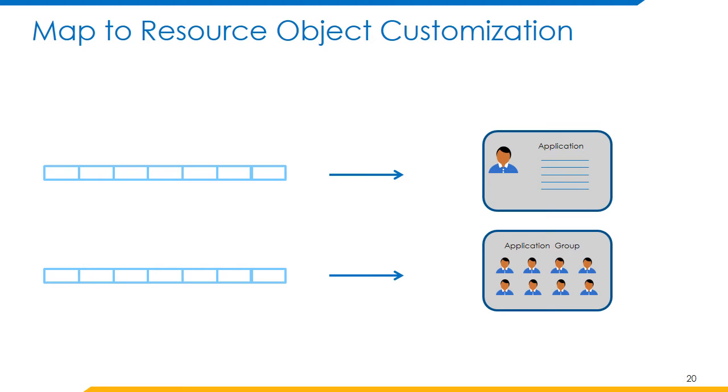Using this rule, we can customize the way in which a resource object is created out of the match map. This rule expects a resource object in return which contains all the modifications that are anticipated.